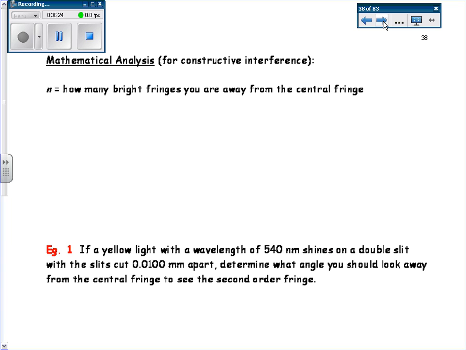So the formula is this, the easier formula. It's lambda equals d times sine theta divided by n. Okay, we said n is how many bright fringes you are away from the central fringe.